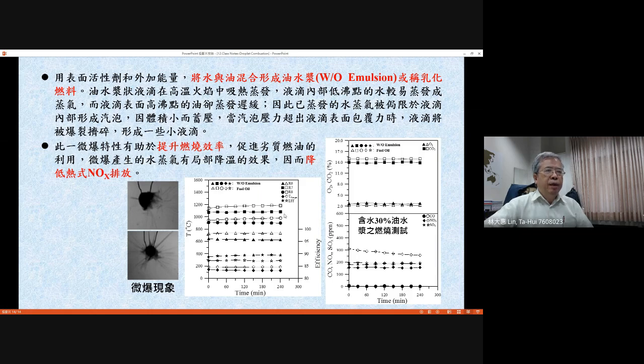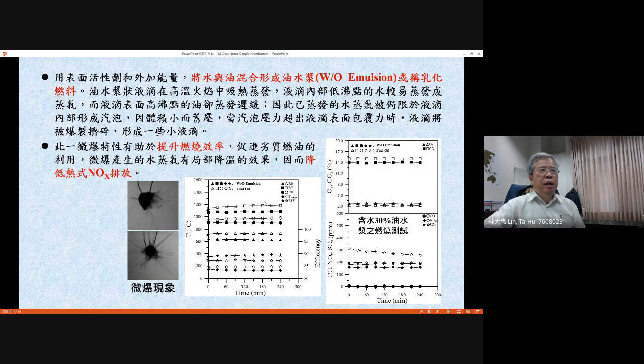In the experiments, the open symbols represent the regular fuel oil we use in this furnace, and the black symbols represent the water oil emulsions. In this case, water is 30%.